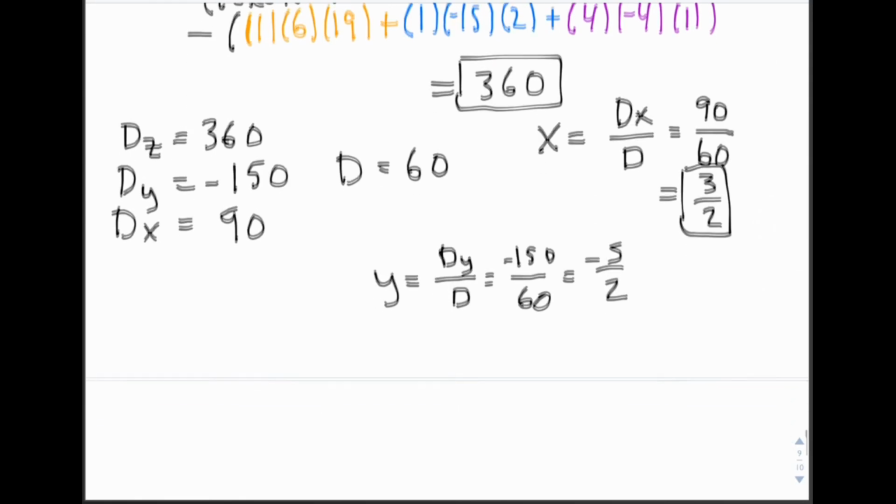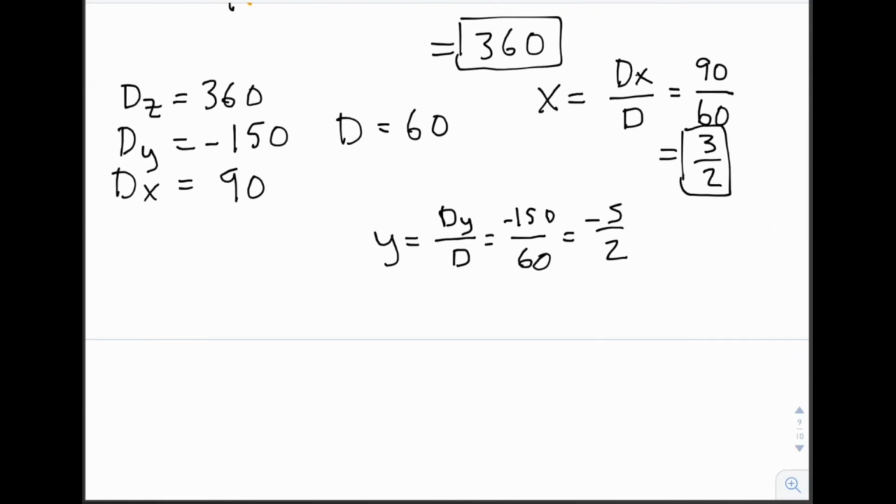So our last value that we can find is going to be our z. So our z is going to be equal to our determinant of z divided by the determinant. So that is going to be 360 divided by 60, which is also equal to 6.